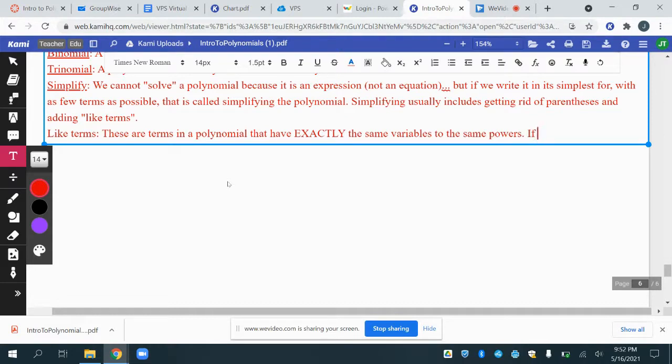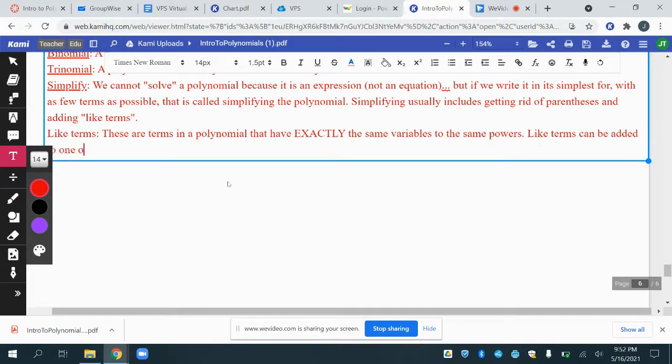Like terms can be added to one another to find the total number of that variable or variables.